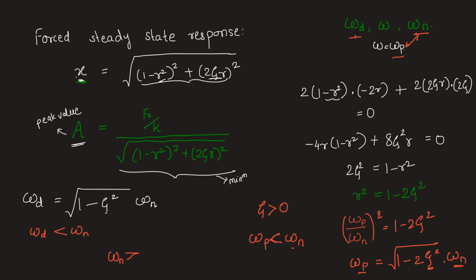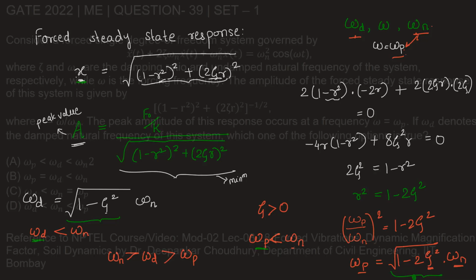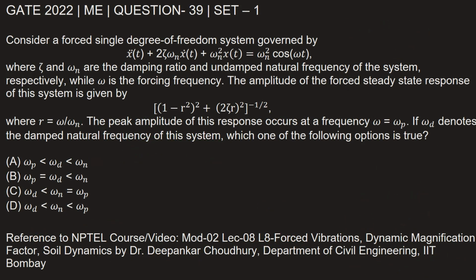Now we need to decide between omega d and omega p which is the bigger one. So considering these two coefficients we clearly know that this one's the smaller. So omega p is the smallest value and omega d will be placed here. This is greater than omega p. Let's go back and mark this option. So clearly we can see that our answer is option A, omega n being the greatest value, omega d is in between and omega p is the minimum one.